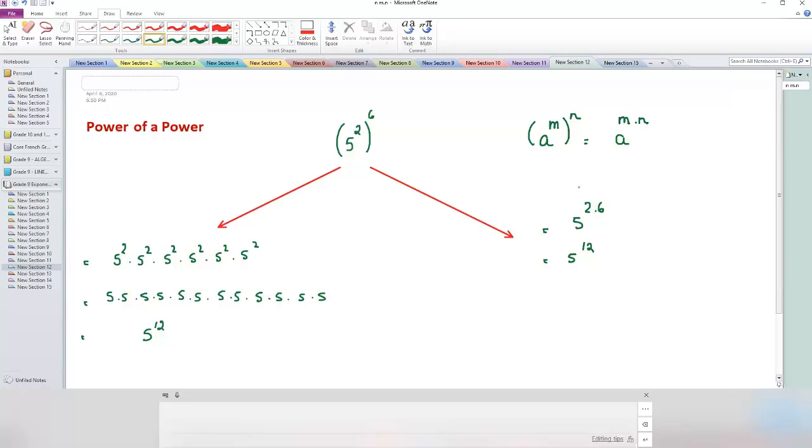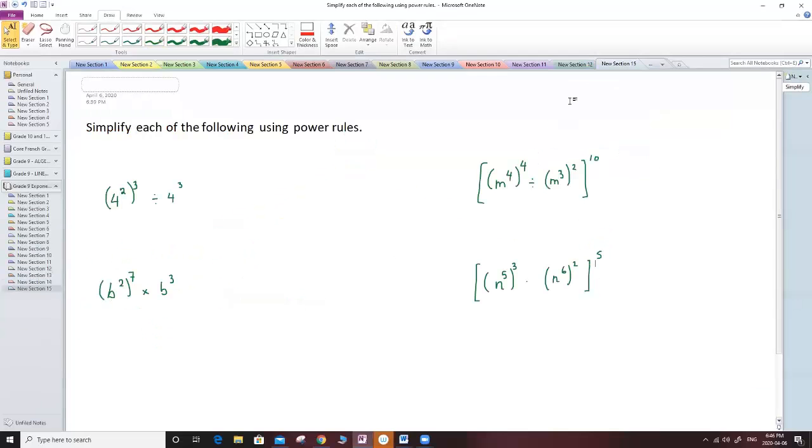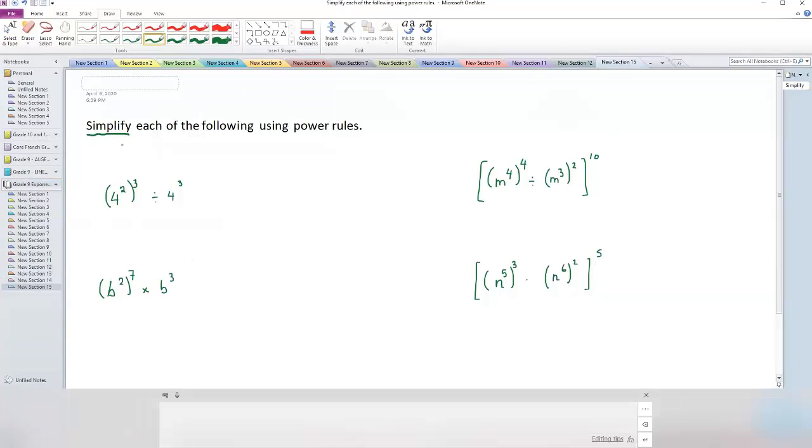So let's practice with some examples here. The question says simplify, not evaluate, simplify each of the following using power rules. In this first one, if I have power of power, that means I multiply.